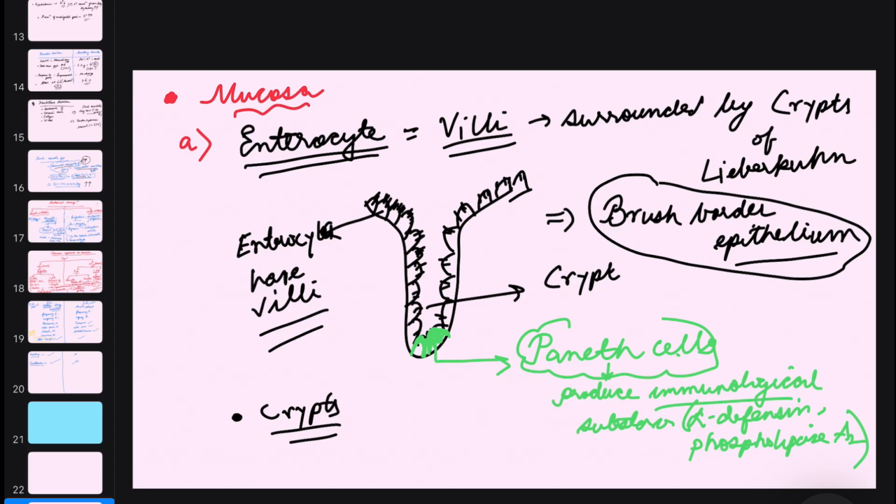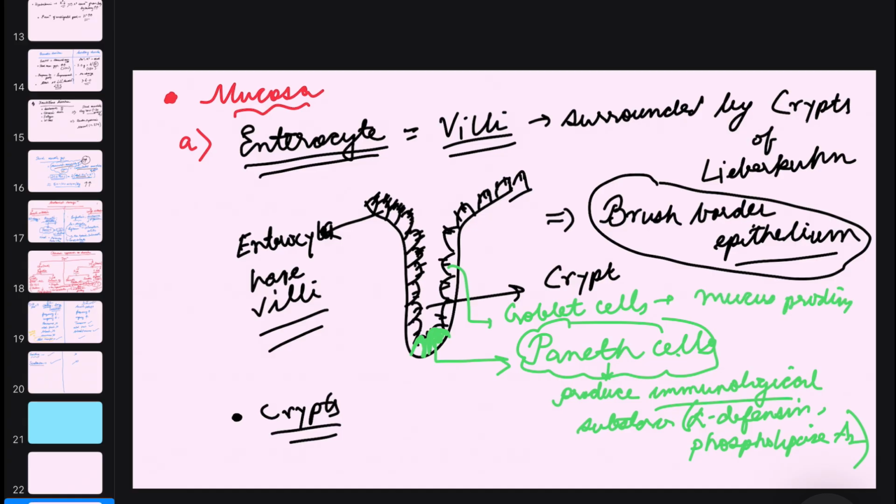Now you might say there are other cells as well. For example, there are Paneth cells that are at the base, so there is no problem with identifying them, right? And other than that, there are also mucus-producing cells called goblet cells, somewhere over here. Suppose goblet cells are mucus producing.